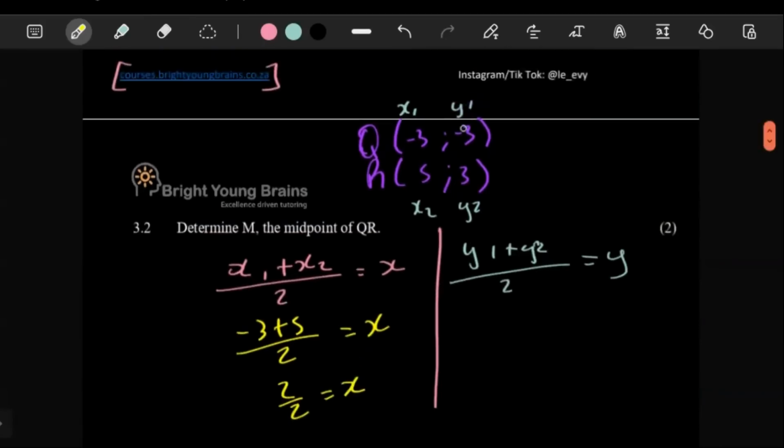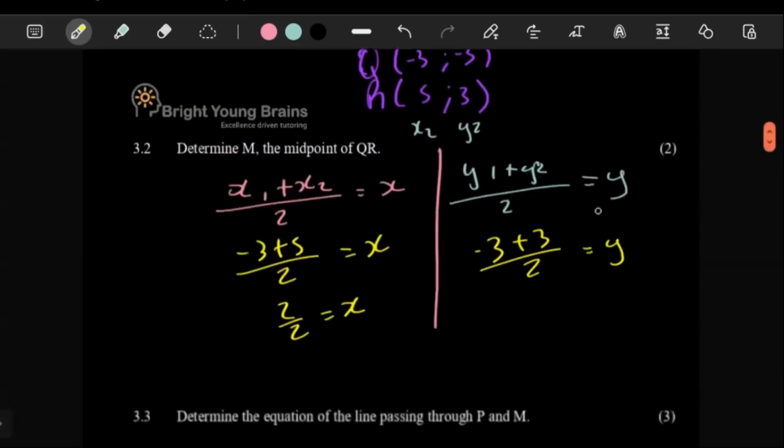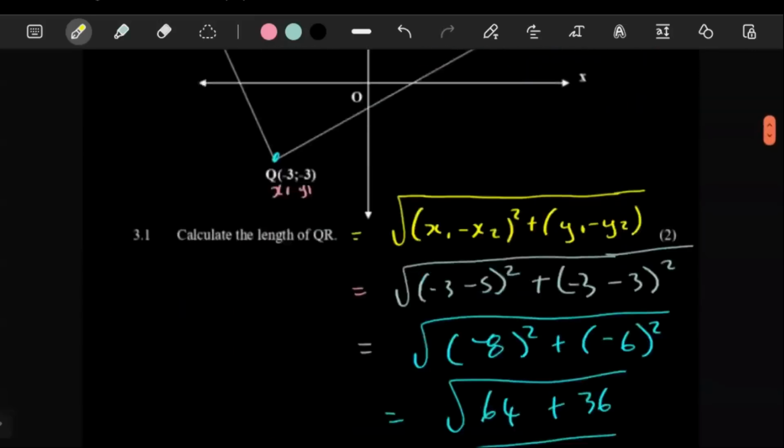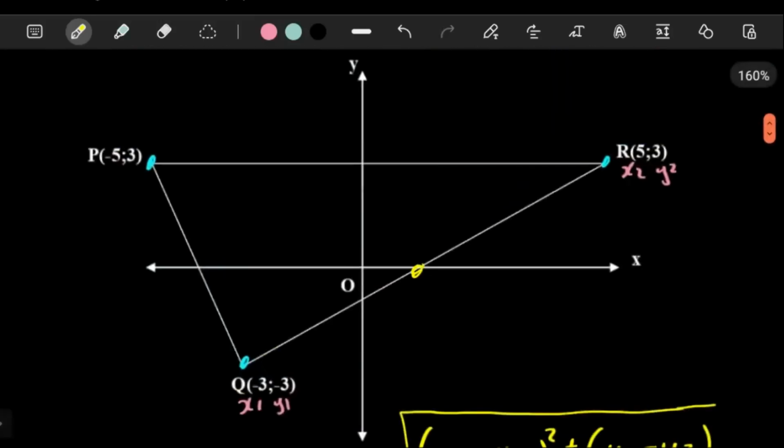And then here, -3 plus 3 is 0, as predicted. So the midpoint is where x is 1 and y is 0, which is somewhere over there.